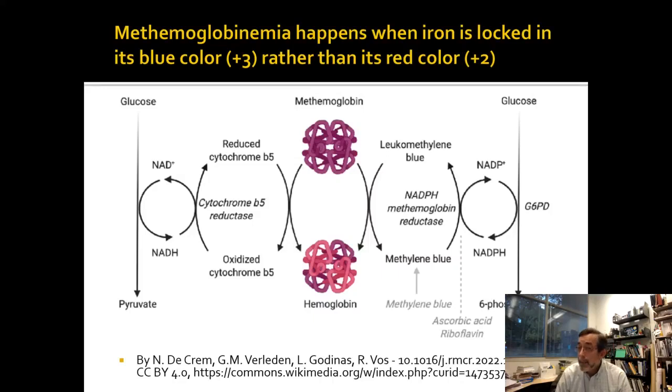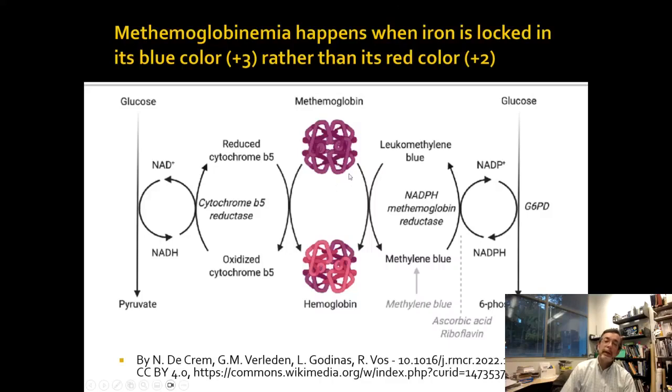I believe part of that is that iron is going to be in a slightly different oxidation state. Remember how we're keeping it in the iron 2 oxidation state. But it can flip over to iron 3, and when you get into iron 3, it's hard to get it out of the iron 3 mode. And it also turns to be more bluish. You see how it's more purplish in this particular thing right here.